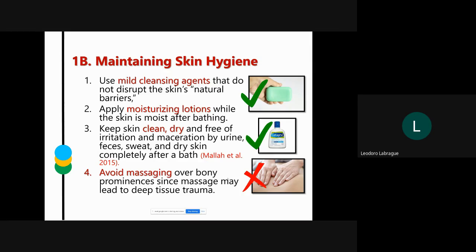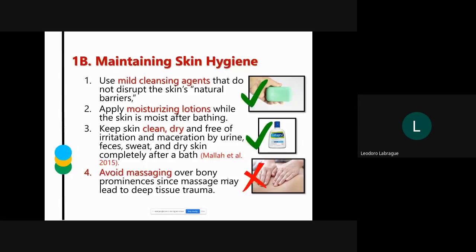Number 3, keep skin clean and dry and free from urine, sweat, or feces. This is what we have been discussing since last time. If the patient is incontinent, make sure to clean regularly and change the diaper or incontinence sheet of your patient, or else it could be a potential source of pressure ulcer.